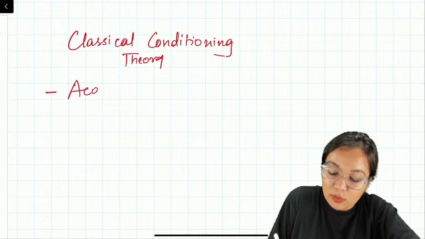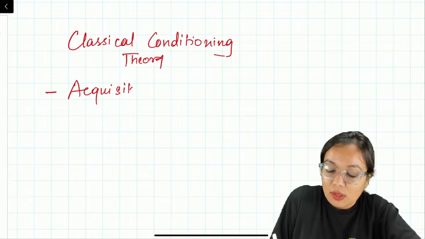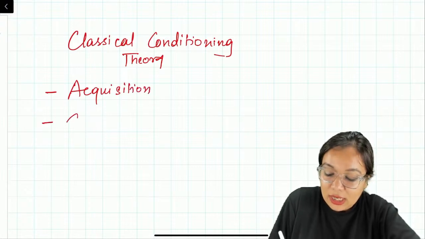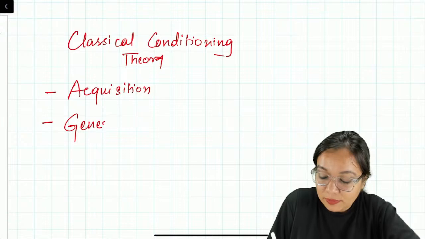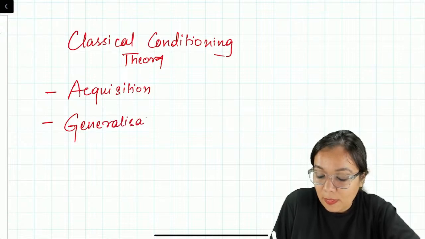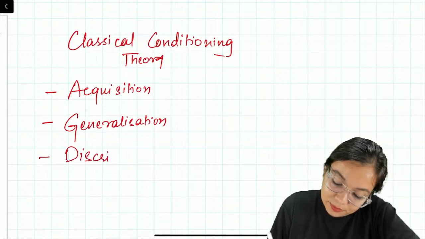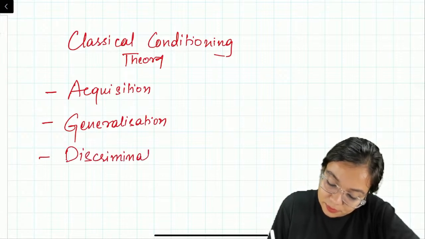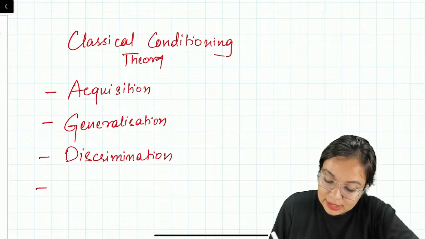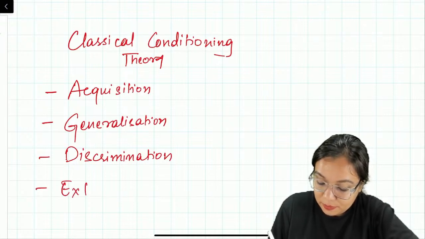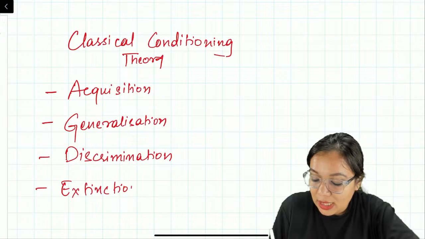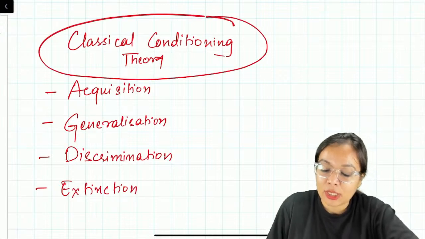The first is acquisition. Then there is generalization, there is discrimination, and then there is extinction. So these are the steps of the classical conditioning theory.